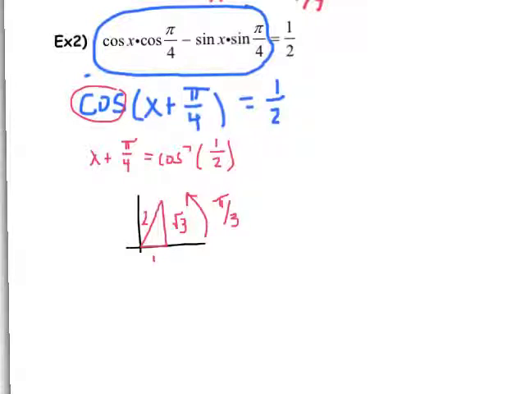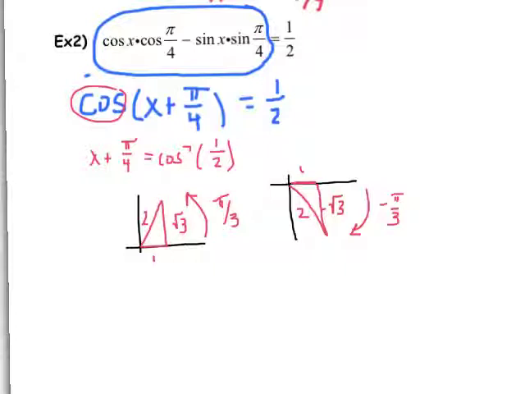Now where's your second answer going to be? How can you maintain a positive adjacent? So you can maintain a positive adjacent with quadrant 4. So this is 1, and 2. This is root 3. It is negative root 3, but that's fine. And this is negative pi over 3 now.